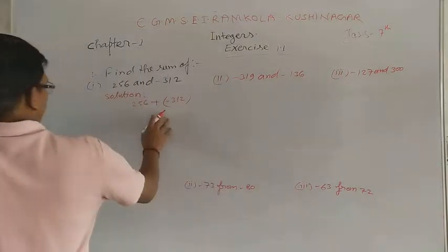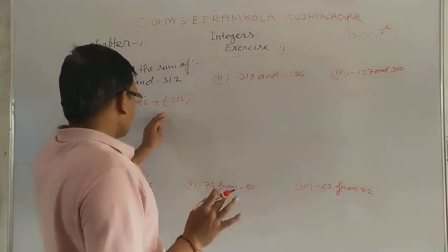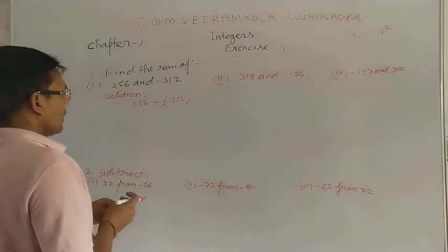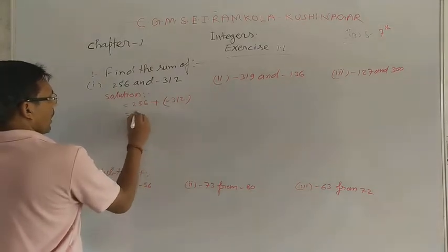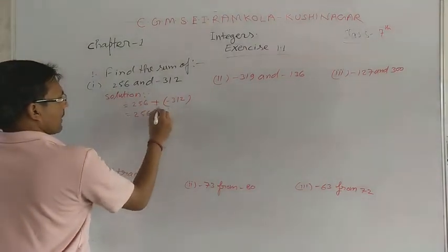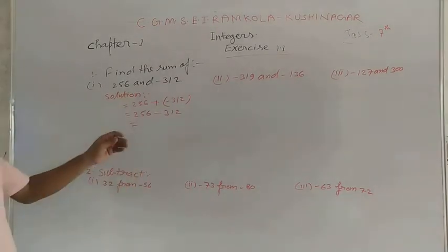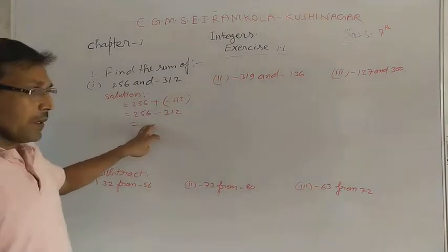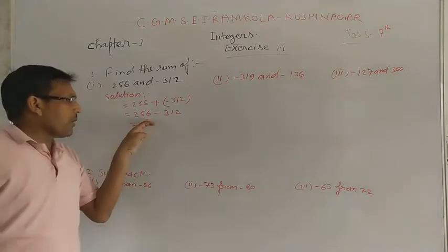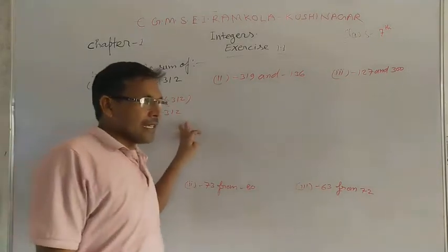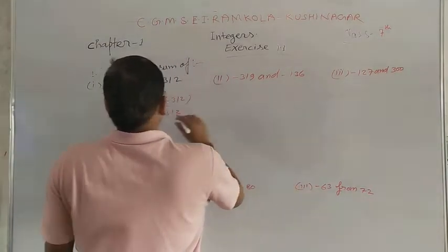If we put both the plus and minus signs just beside each other, then it is not good. So here we solve 256 plus (minus 312). In any question, if the first integer is plus and the second integer is in the minus sign, we always have to take the solution like this.